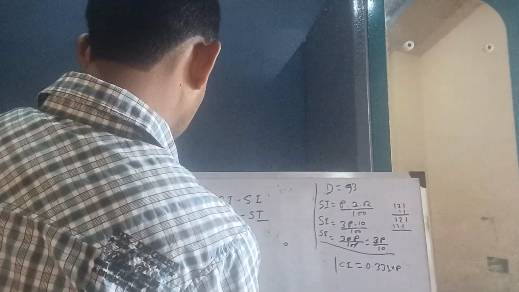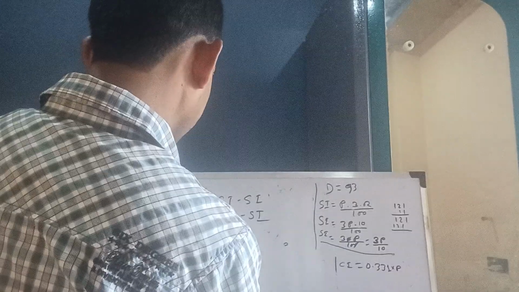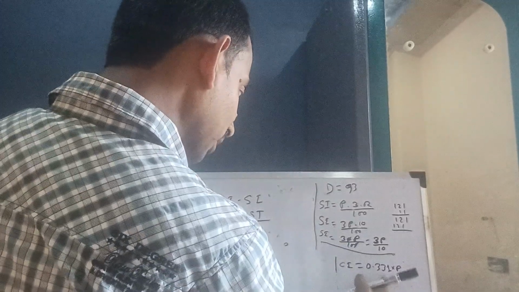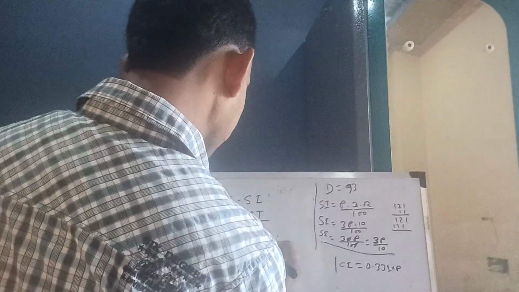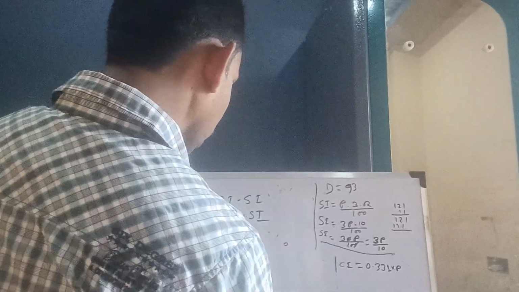So 93 equals CI, which means 0.331 P, minus SI.